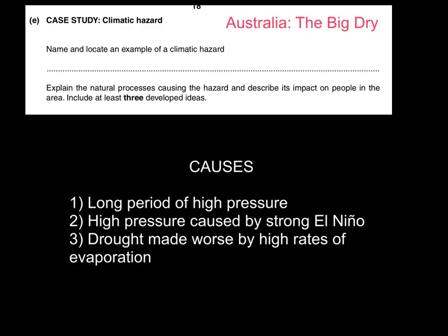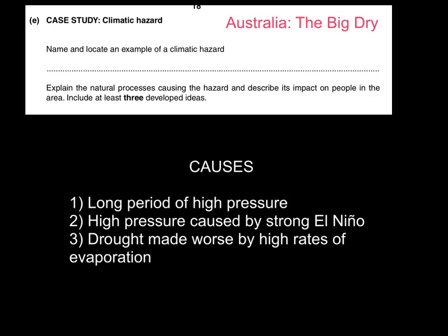El Niño basically is a weather system that comes across the whole of the Pacific, but affects pretty much the weather around the world. Now, for the first one, the Australian one, Australia gets the drought during El Niño. So, the high pressure here is a direct cause of El Niño. If you're able to mention this and explain it's a weather system across the Pacific and it leads to high pressure over Australia, you're really doing well. This is A-grade stuff.